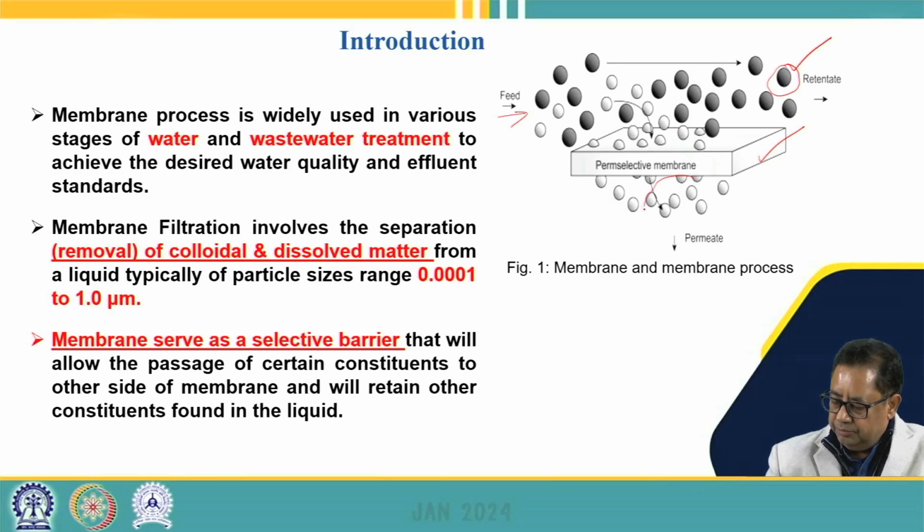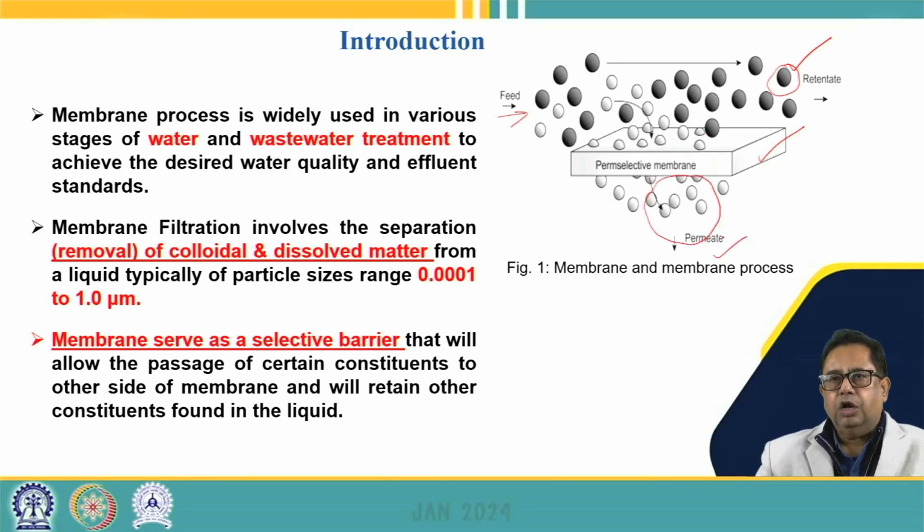The permeate, or the treated water, goes out of the membrane, and it contains the constituents which are desirable, which we do not want to remove, whereas the constituents that we want to remove are taken away by the water in a highly concentrated solution, that is also called the retentate, or the concentrate. So that's how the membrane process occurs.